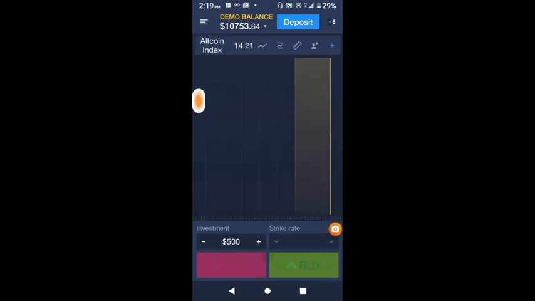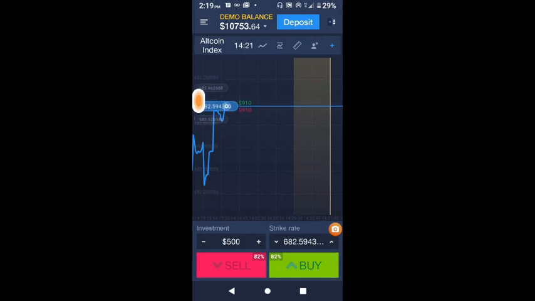This is our platform. You see the Alton index here, that is what we're trading, Altons. Go down to the investment part of it. You see minus 500. That's what I have set the trade at, but I can change it. Below it you see sell, the down sign for sell, and buy is the up sign, and you have the strike rate as well.